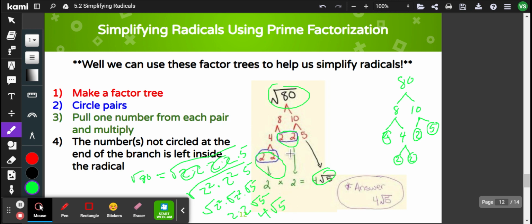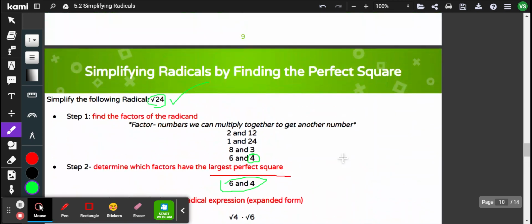That is really the gist of what is happening when I simplify using the prime factorization method. So there you have it, two different ways of simplifying radicals: the prime factorization method, and of course the perfect square method.